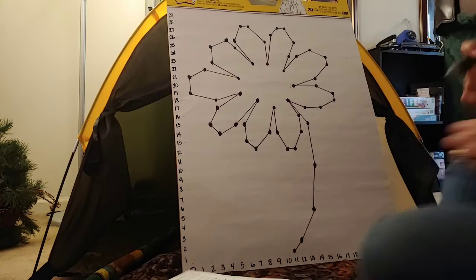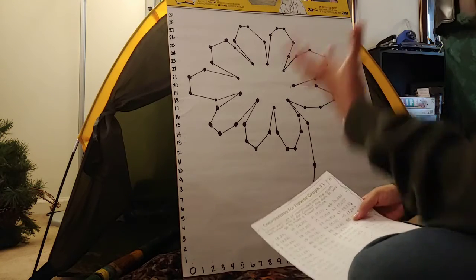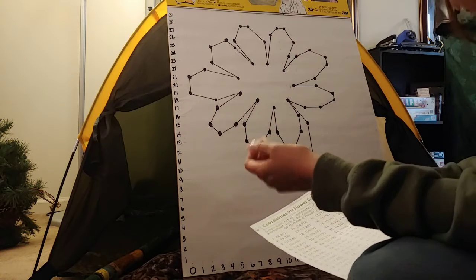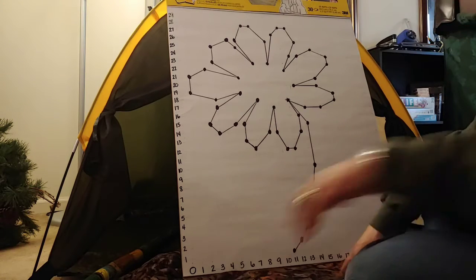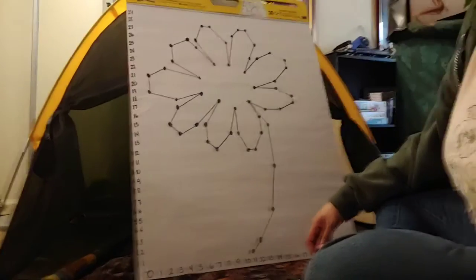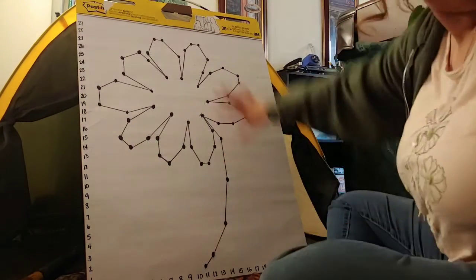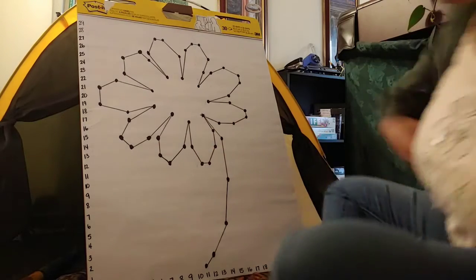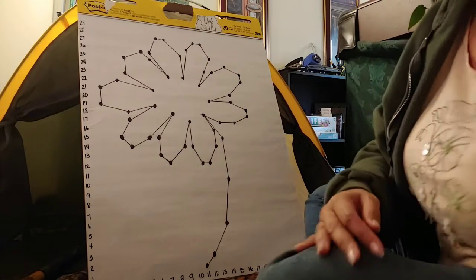So now, thanks to using our coordinates, we're able to connect math and science a little bit further by using that to create our flower. Okay? So, now that we have used this to create this image, we can actually extend this lesson a little bit further.